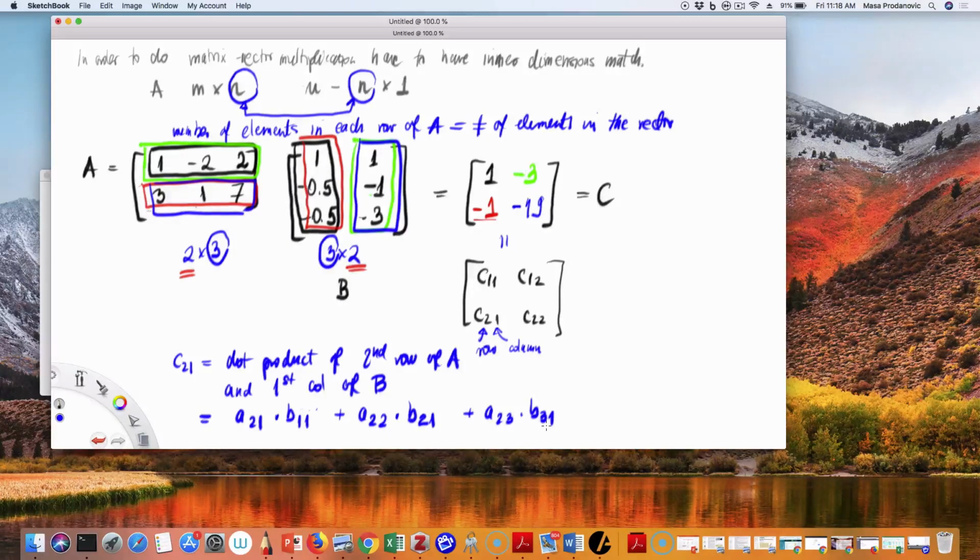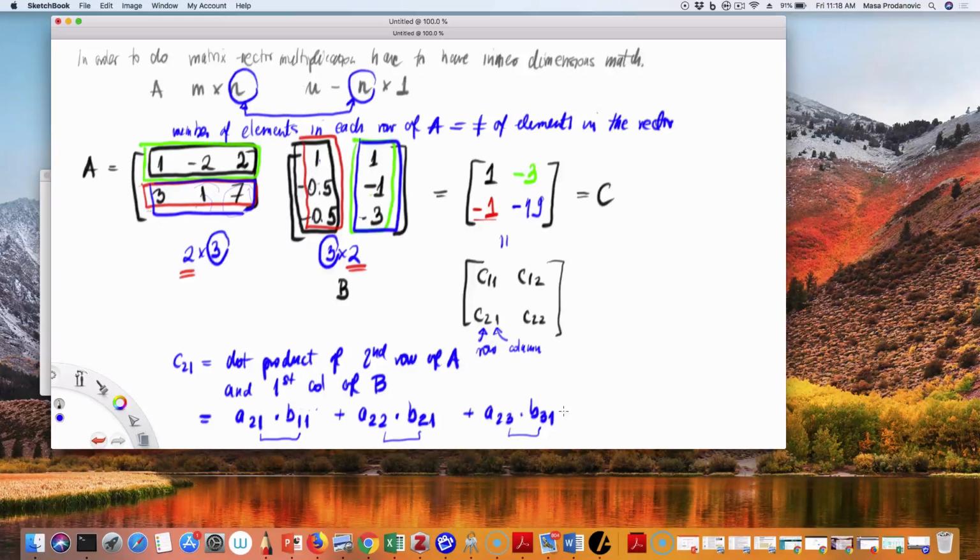Okay? Because this is A21, A22, A23, yes? And this is B11, B21, B31. So we can kind of see the rule that this here is a matching number, because it refers to the location in row versus column.